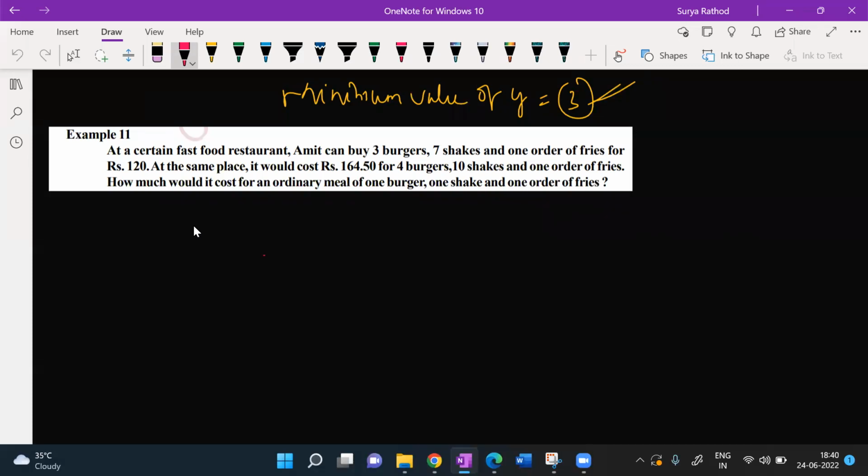For 120 rupees, 3 burgers, 7 shakes, and 1 order of fries. At the same place, it would be 164.50 for 4 burgers, 10 shakes, and 1 order of fries. How much would it cost for an ordinary meal of 1 burger?